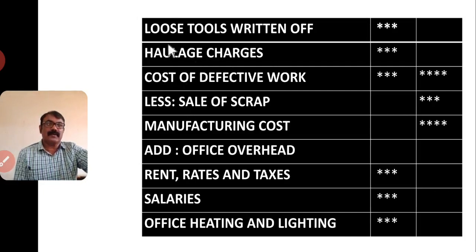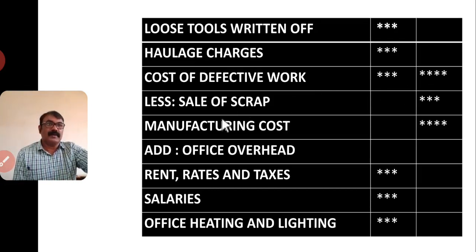And after having all these items, the students have to identify, while preparing the cost sheet, which items come under factory overheads. They have to be perfect by seeing all these items.